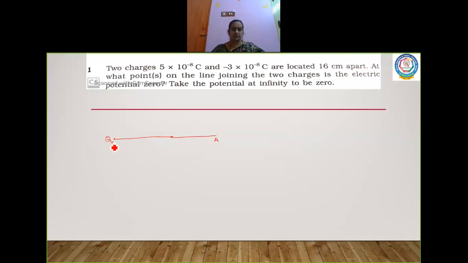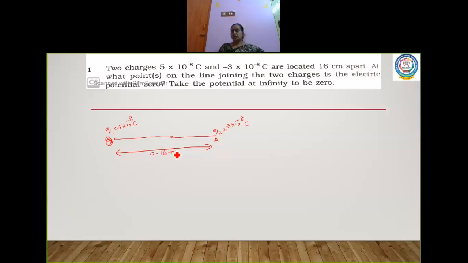Let me name this point as O. Let me name the charge as Q1, which is 5 into 10 power minus 8 coulomb, and another charge Q2 equal to minus 3 into 10 power minus 8 coulomb. They are separated by a distance of 16 centimeter. When I convert it into meter, it is 0.16 meter, right?